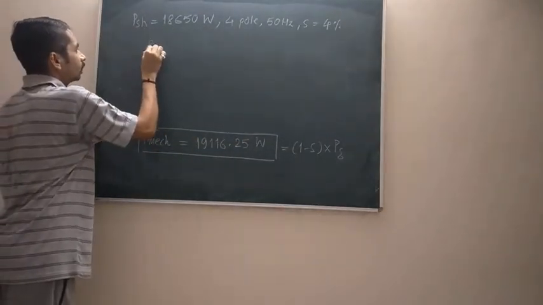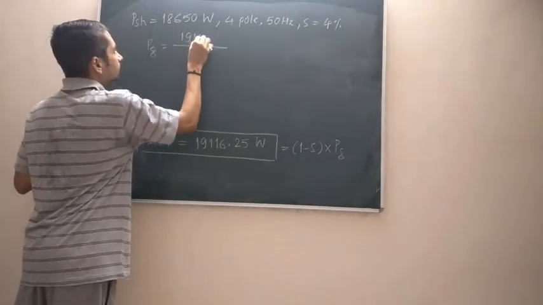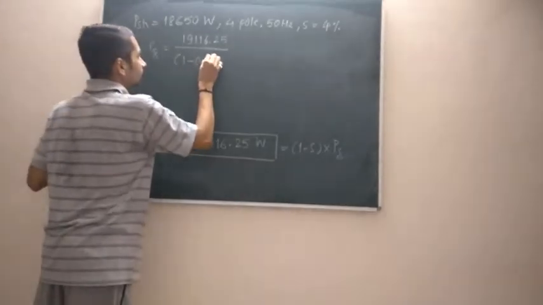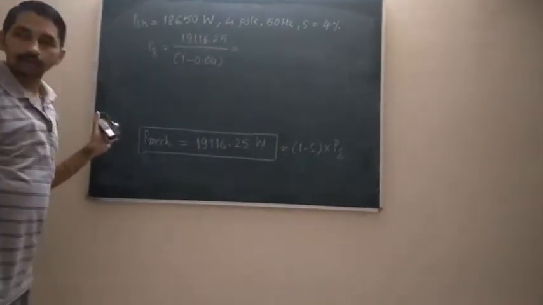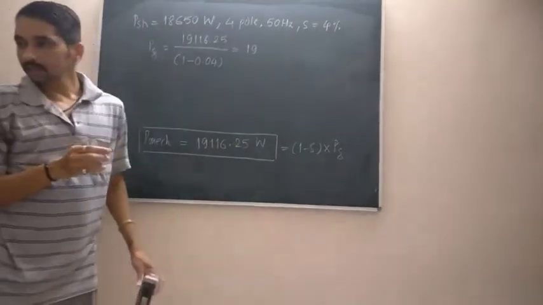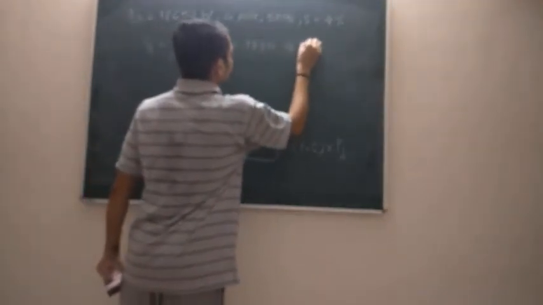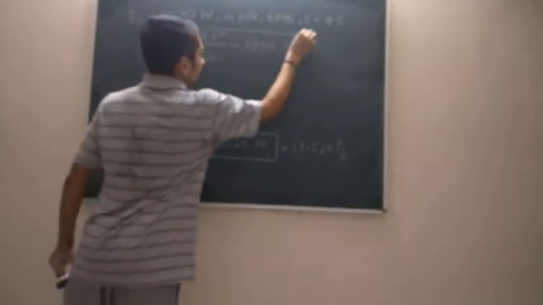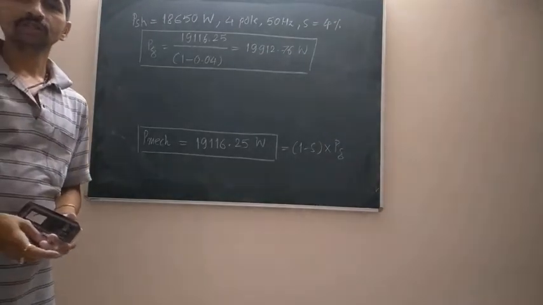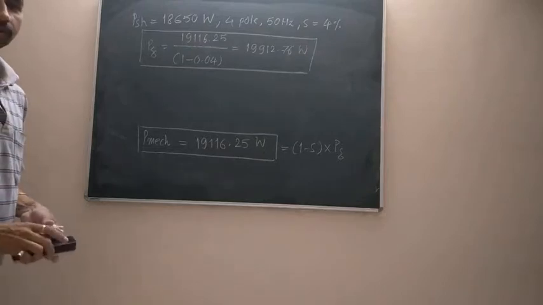My air gap power will be P mechanical upon 1 minus S, slip value is given, that is 4%, and therefore my air gap power will be 19,912.76 watt. I request you to do these calculations on your own, so that if there is any mismatch or any correction, you can find it easily.